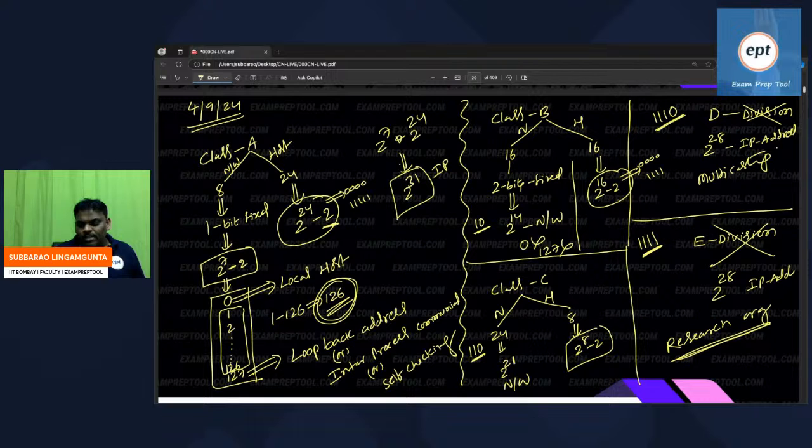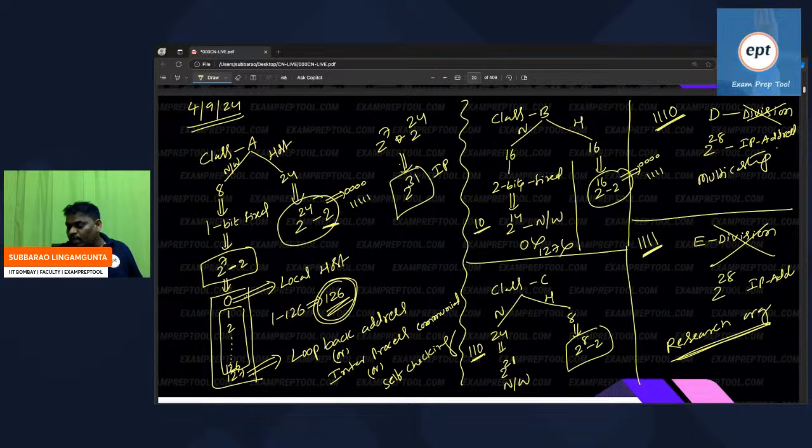If you have a very big normal organization, they will say take A class. For a middle company, they will say go for class B. For a small organization, go for class C.